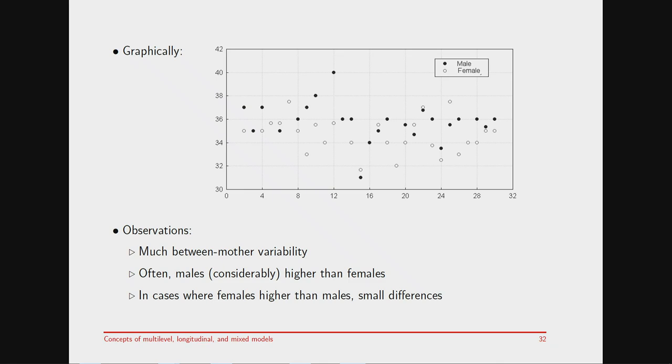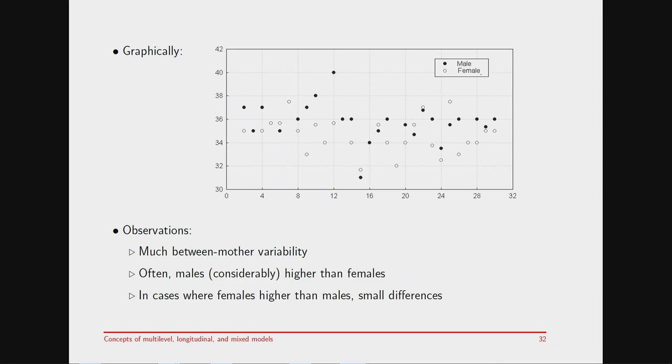And we have 2 symbols per mother. A solid symbol, a bullet, is the average of all the sons from that mother, so the male animals belonging to that mother. The circle is the average of all the females belonging to that mother, so the daughters of that mother.